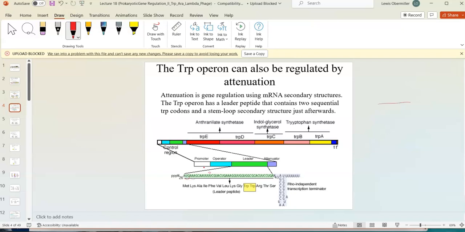So unlike DNA, I mean, DNA can fold and stuff, but unless it's single stranded, it's not going to bind to itself because this is the backbone. There's no hydrogen bonding going on there. But RNA is single stranded, and so its bases are exposed and they can interact with each other and form these crazy structures.